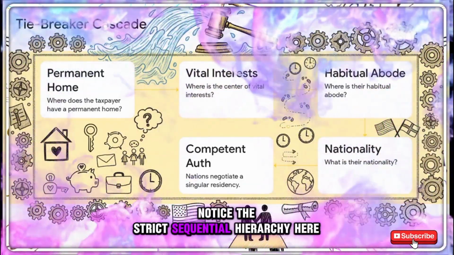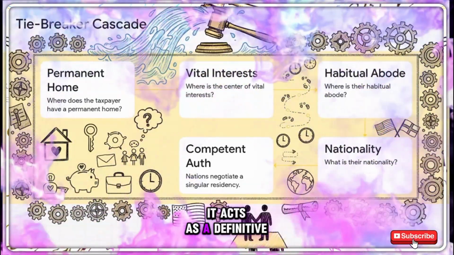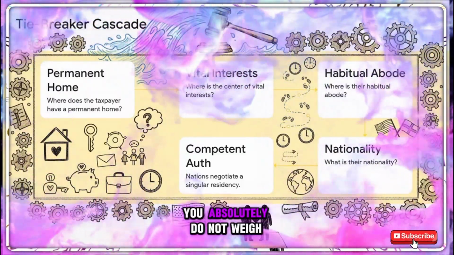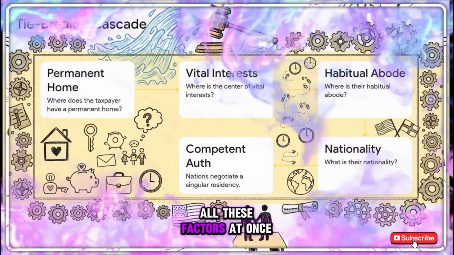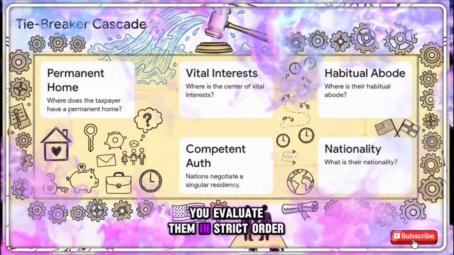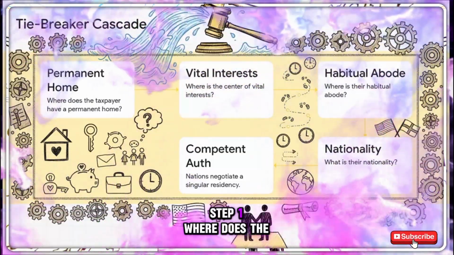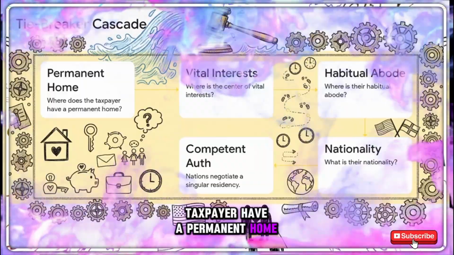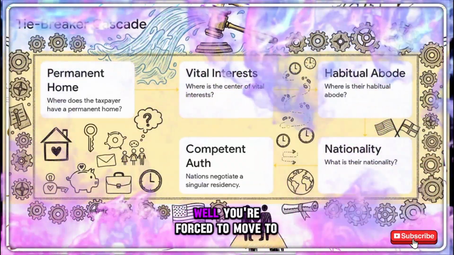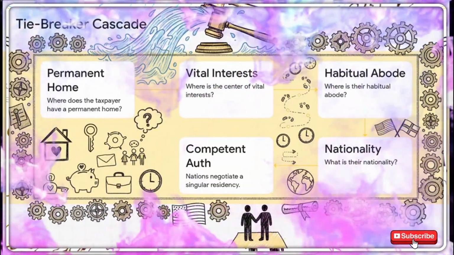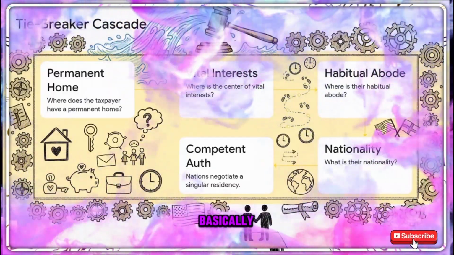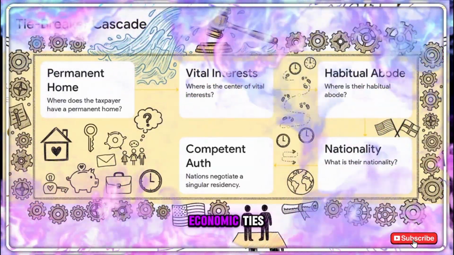Notice the strict sequential hierarchy here. It acts as a definitive logic gate. You do not weigh all these factors at once. You evaluate them in strict order. Step 1. Where does the taxpayer have a permanent home? If you've got one in both countries, you're forced to move to Step 2. Where's your center of vital interests? Basically, where are your closest personal and economic ties?